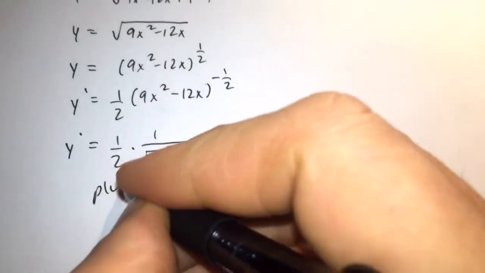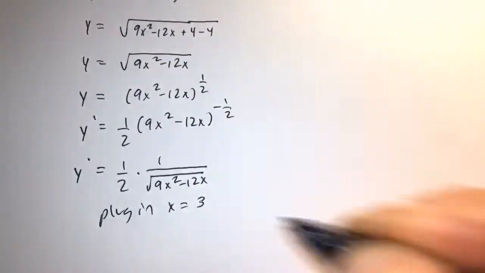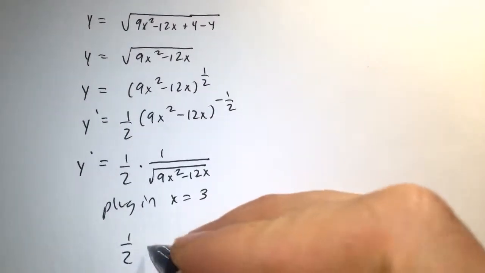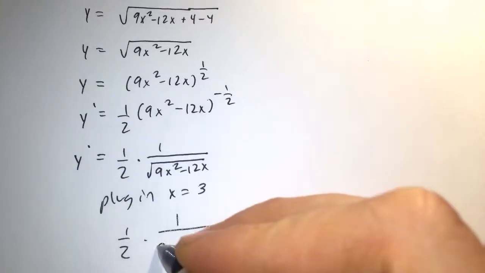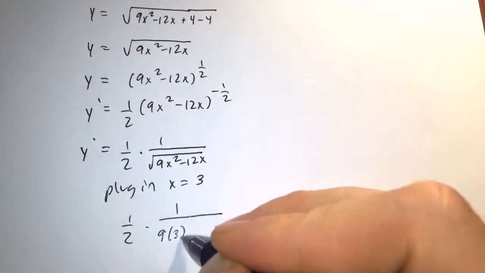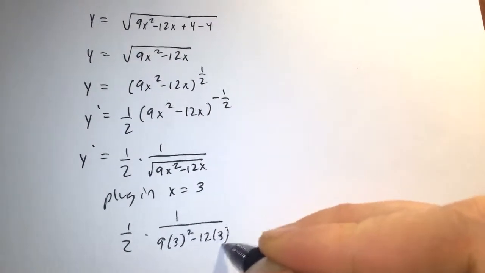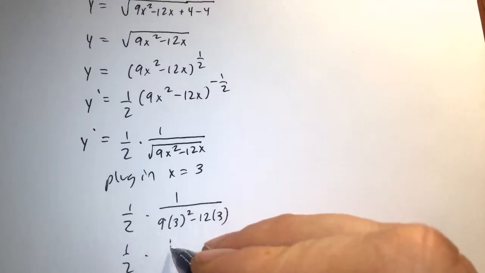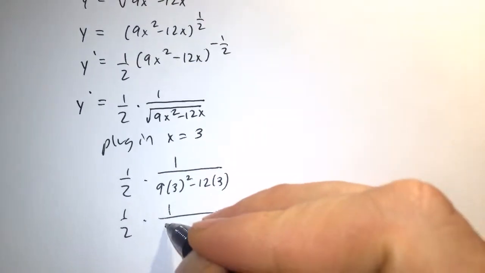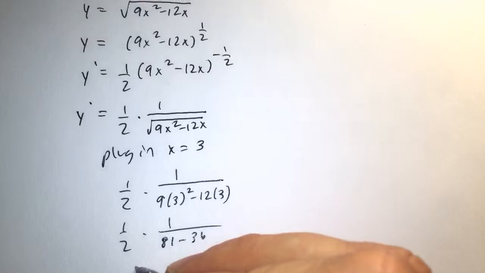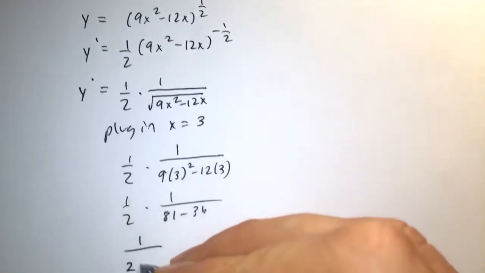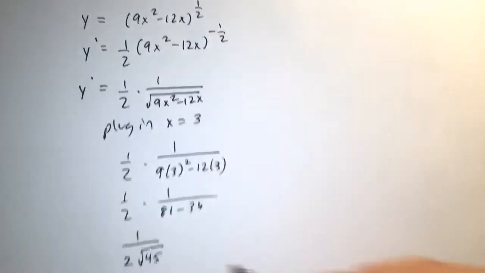So what I'm going to do is plug in x equals 3. So I get 1/2 times 1 over 9 times 3 squared minus 12 times 3. 1/2 times 1 over 81 minus 36. You should have 1 over 2 times the square root of 45.